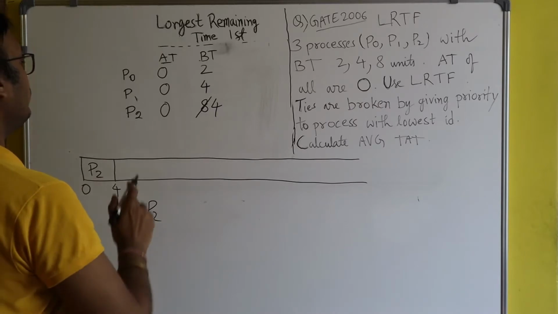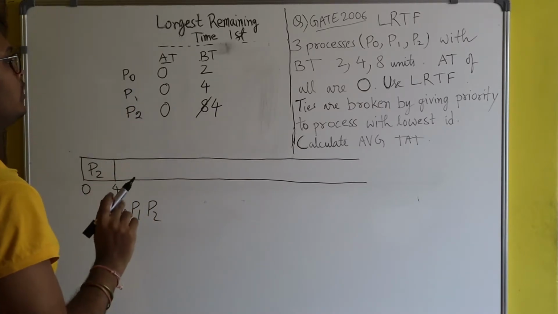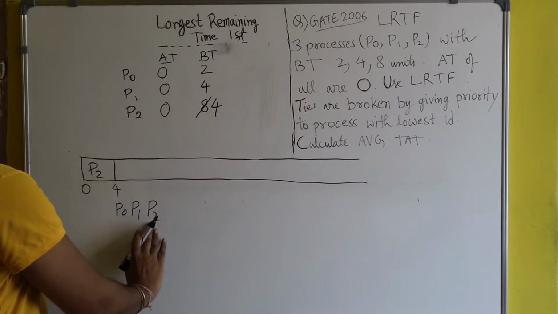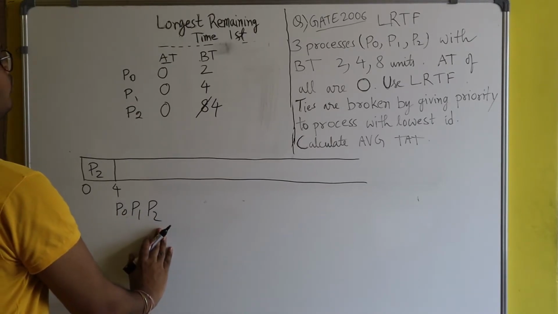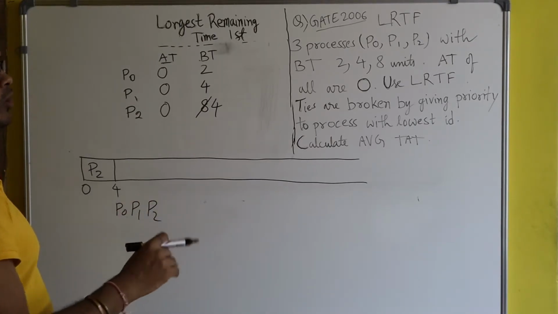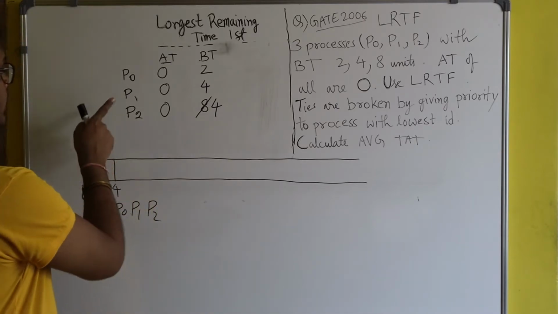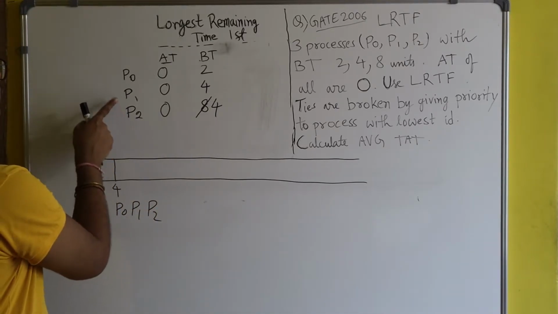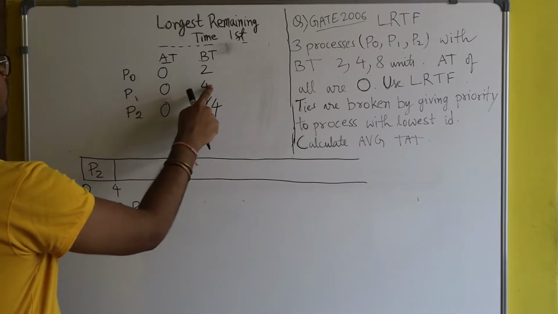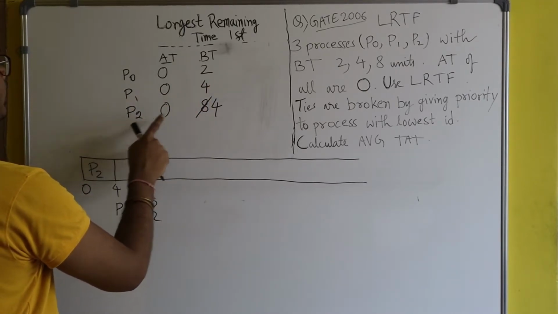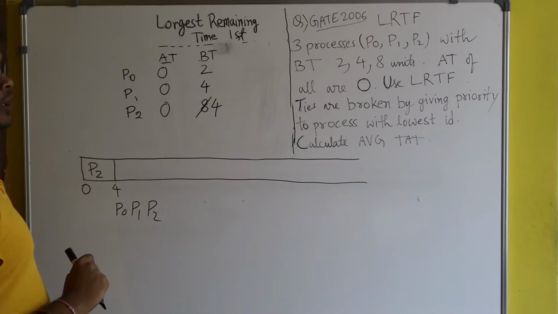Now we have three processes available, P0, P1 and P2. We have to select the process with the longer burst time. Here there are two processes with the longest burst time: process P1 has 4 units, and process P2 has 4 units remaining.